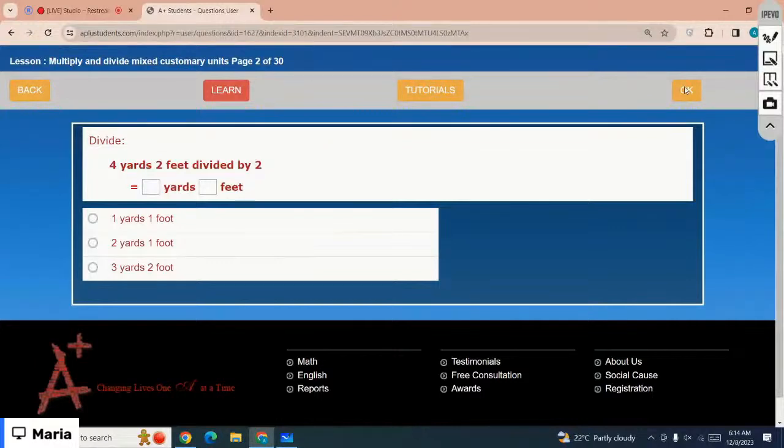4 yards, 2 feet divided by 2, which is the correct option? You have to divide them by 2, not multiply, right?